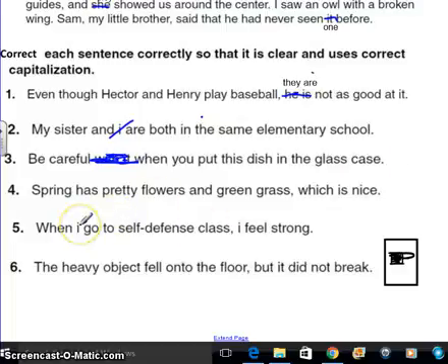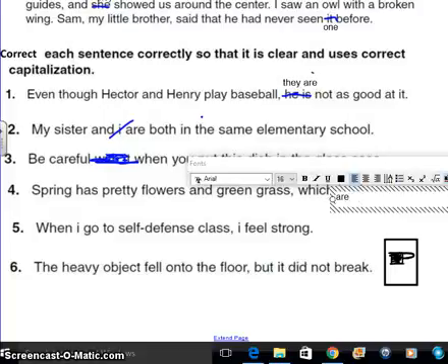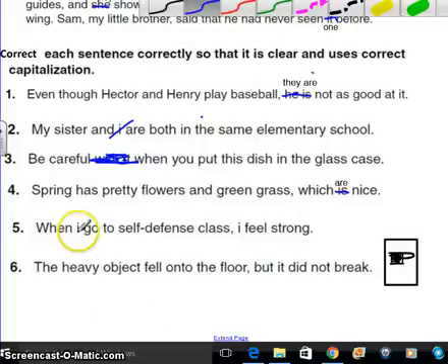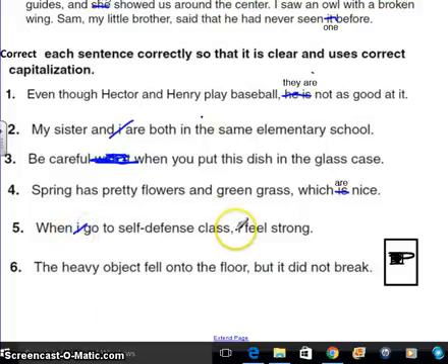Spring has pretty flowers and green grass, which is nice. Now, how many of you thought maybe I would put are? Because of the fact that it's more than flowers and green grass are nice. Because is means one. When I go to self-defense class, I feel strong. I should be capitalized.